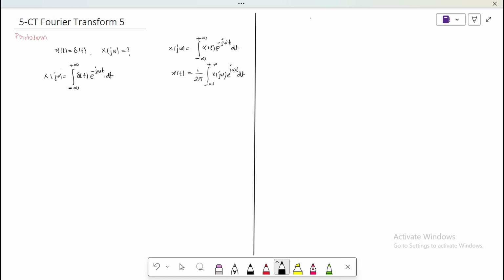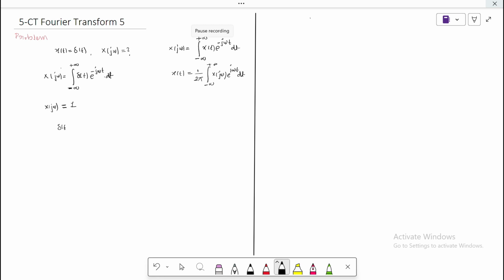We know that impulse signal is defined for t equal to 0 only. So one multiplication exists, that is at t equal 0. So del of t, substitute t equal 0 here. So it goes to 1. The value equal to 1. X of j omega equal to 1.